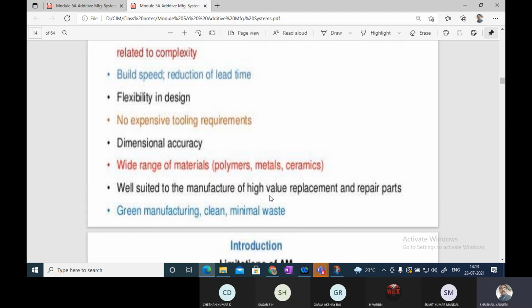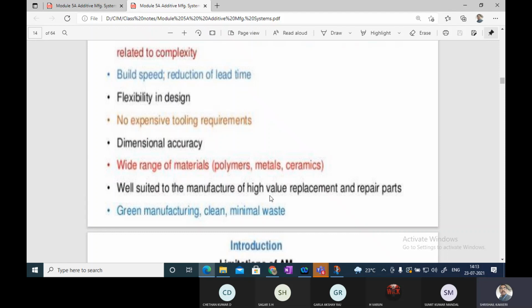So those are high value replacements, you can say. The values are not high, but these are not available; these are customer made products. Some of the customer made machines or products which are not available in the market can be made. And we can even repair parts by using the 3D printing materials.